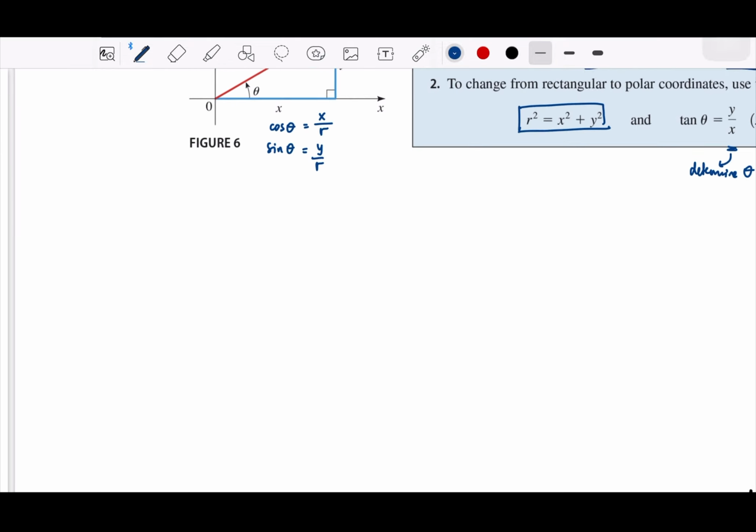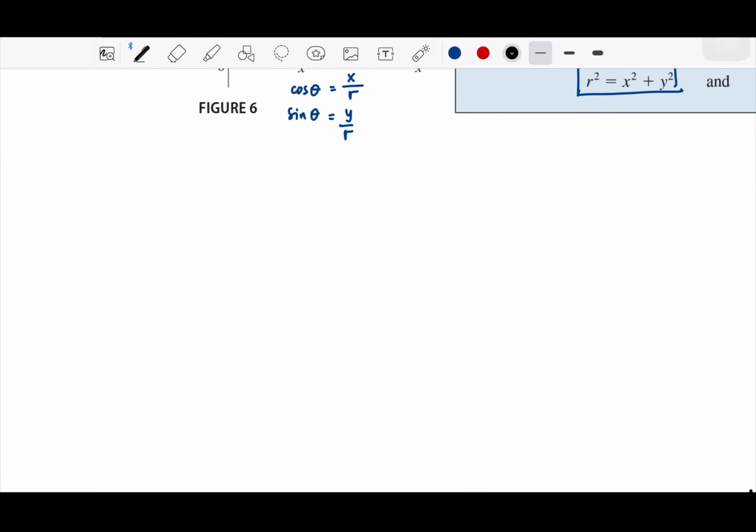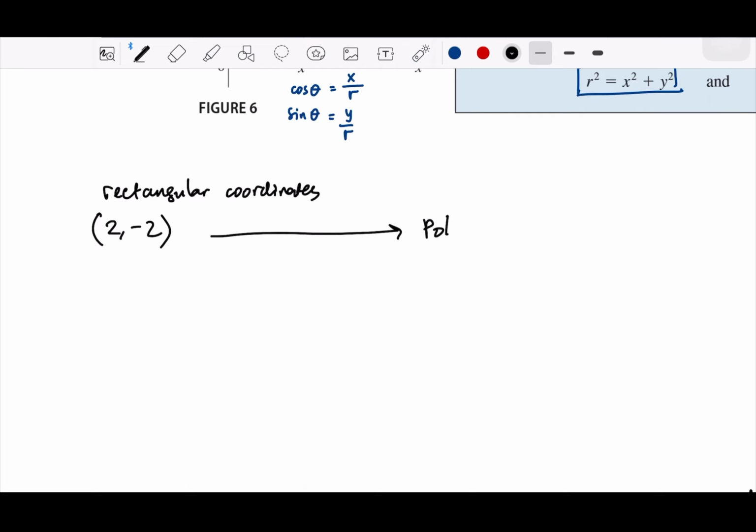Okay. So if we take the rectangular point, let's say we have (2, -2). This is rectangular coordinates, and we want to convert to polar. So we know that x is 2, y is -2. First we could take r squared.